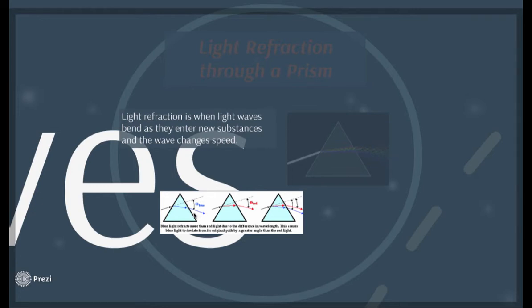And if you take a look at this diagram, you'll see that blue light refracts at an angle that is greater than red light. So this is why we see rainbows. As white light from the sun encounters a droplet of water, the water refracts the light into all the various colors of light, and we see a rainbow.